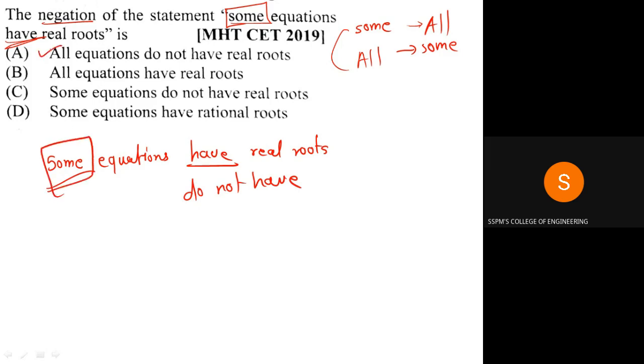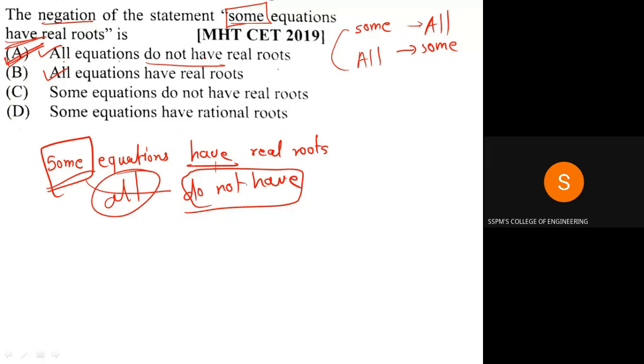One of these two will be the correct option. Now we will check for "do not have". Which one will be "do not have"? All equations do not have real roots. That is the correct option. Some becomes all and have becomes do not have. That is how to find the negation. This example was asked in 2019.